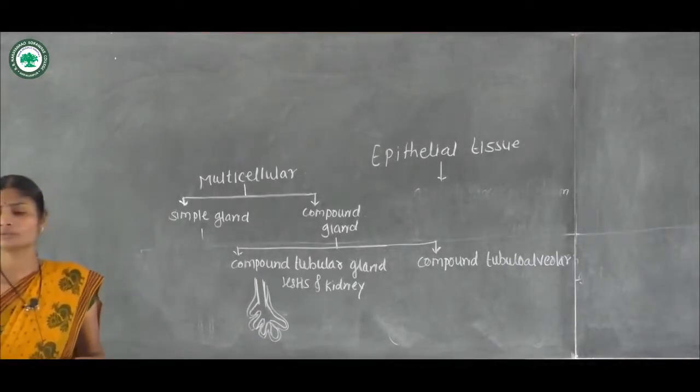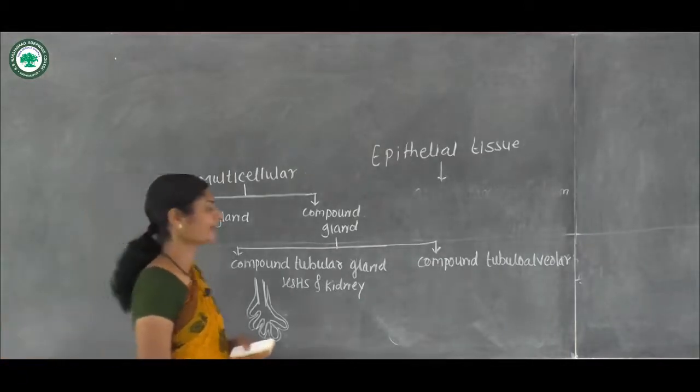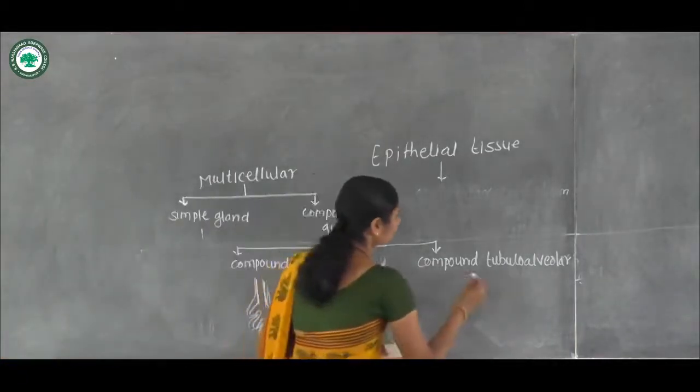These compound tubulo-alveolar glands are present in the mammary glands.